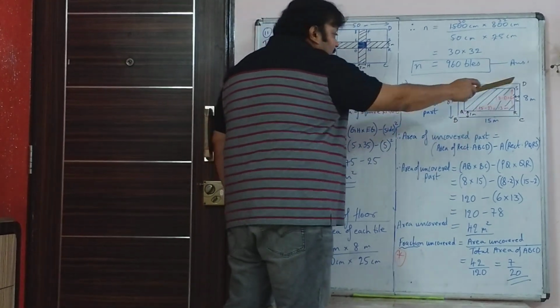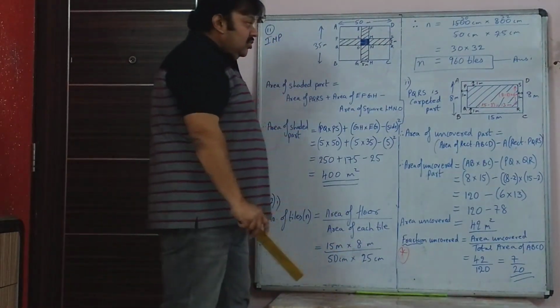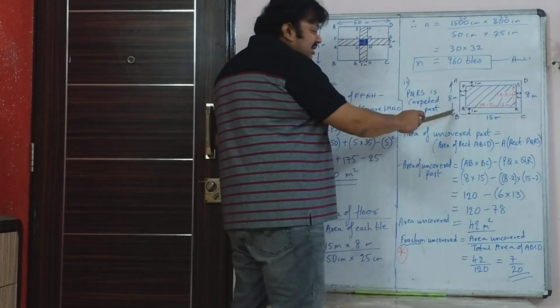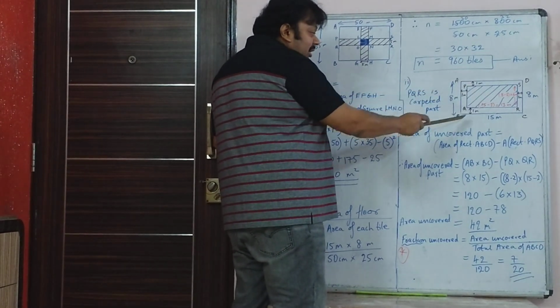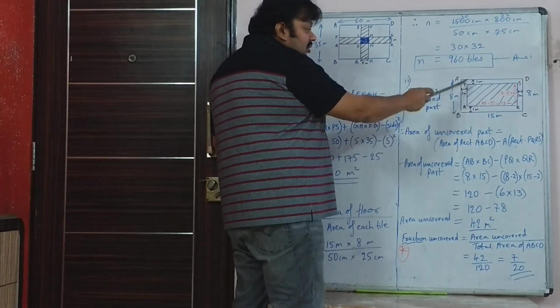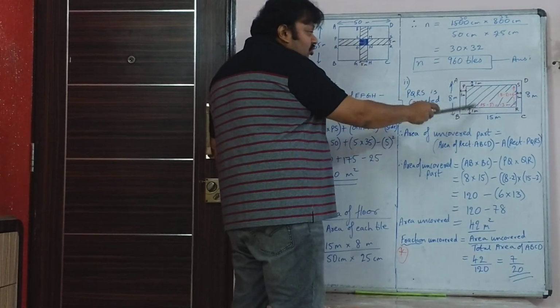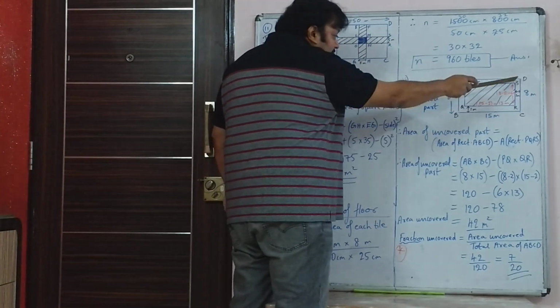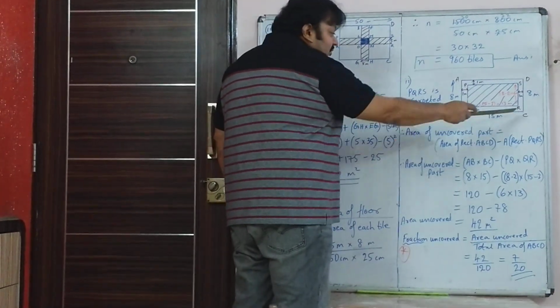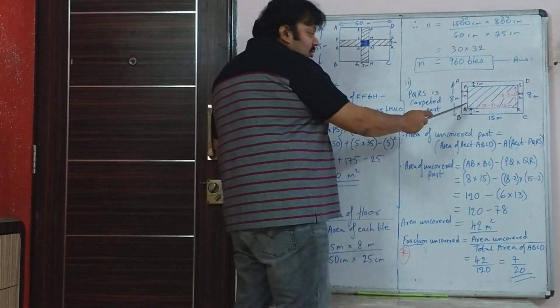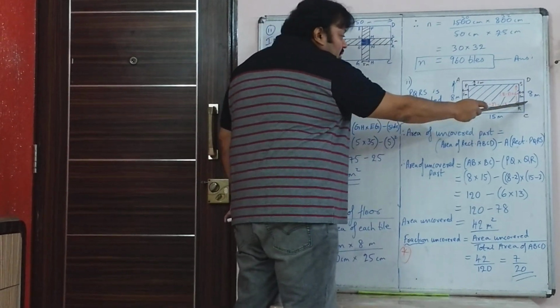of this uncovered region. So now, if this is 8 meter, PQ will be 8 minus 1 minus 1. So it will be 8 minus 2. So PQ and SR will be 6. Same way BC is 15, because this is 1 and this is also 1.